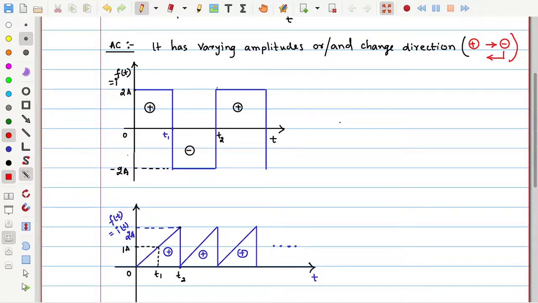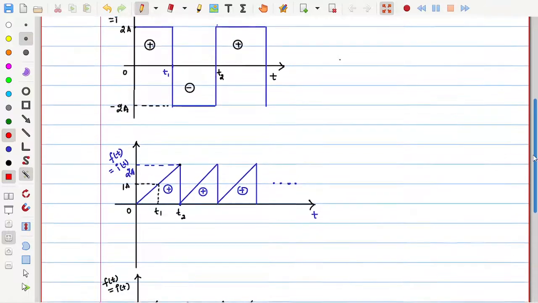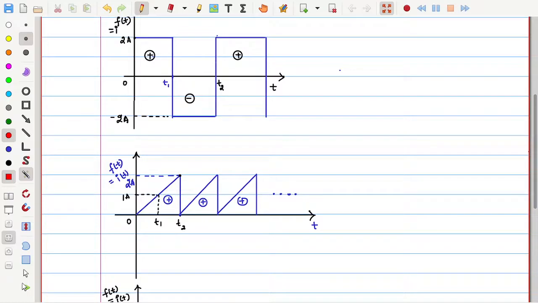So you should understand that in a better way. These are the AC waveforms, how they look. They have a variation in amplitude and a change in direction also. Right. Now let me introduce one more important characteristic of these.